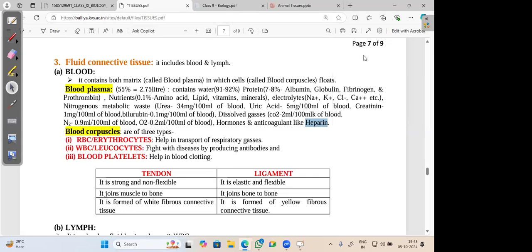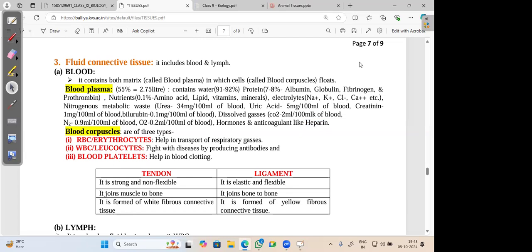There are two important proteins present in our body, heparin and fibrinogen. Your fibrinogen helps in the formation of a blood clot. And you have the heparin, which is an anticoagulant. That means it does not allow the blood to form a clot inside the body. That is the function of heparin.